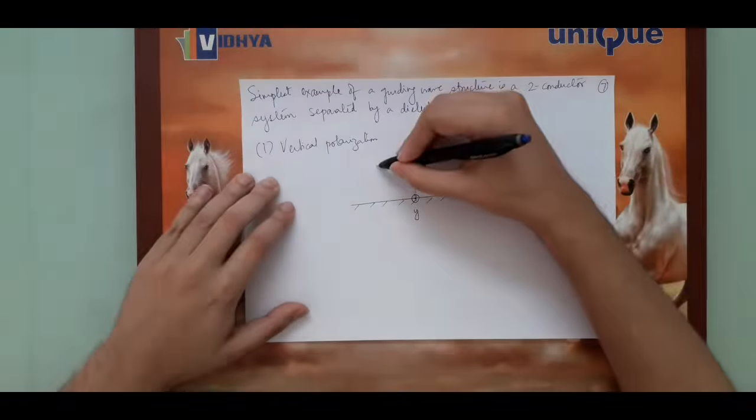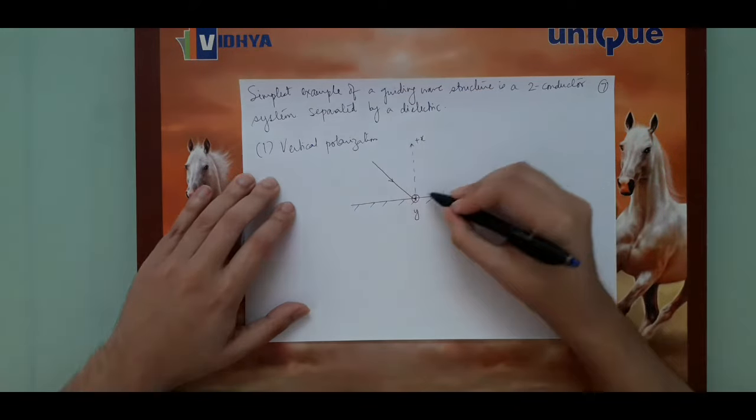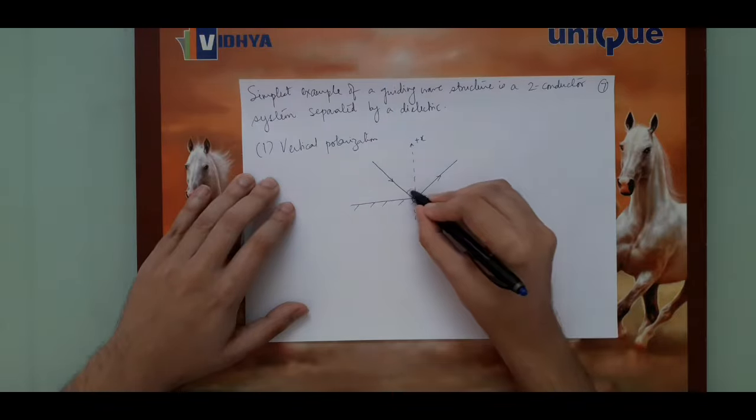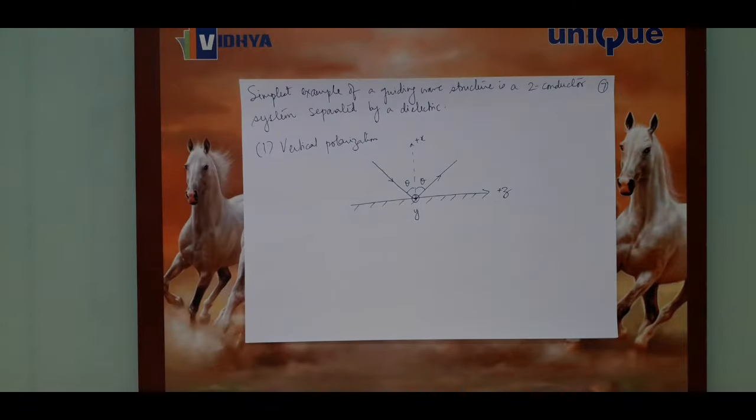So now suppose a wave is incident like this. It will be reflected. Let's now call this theta and theta. There is no need to call it theta i anymore because there is no transmission. There is no transmitted wave rather.